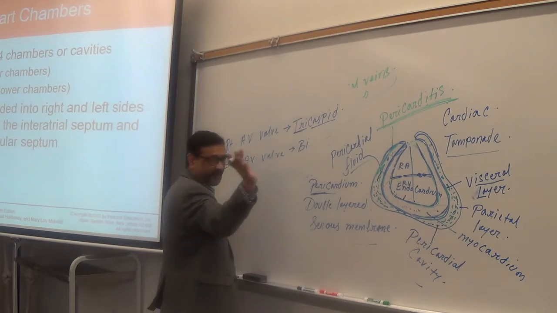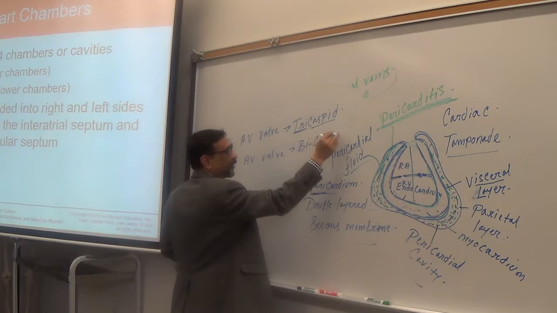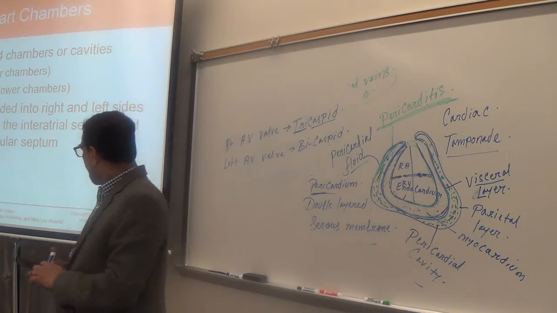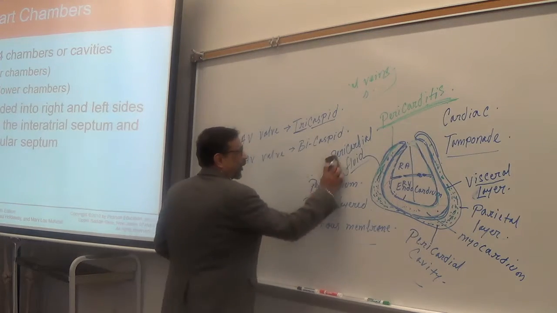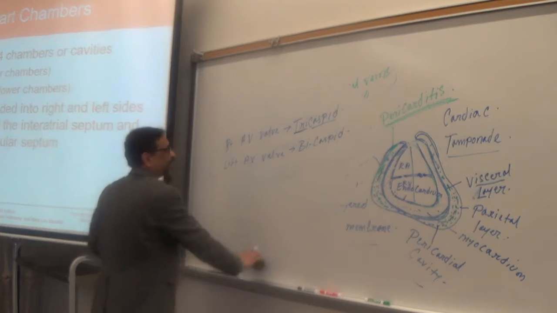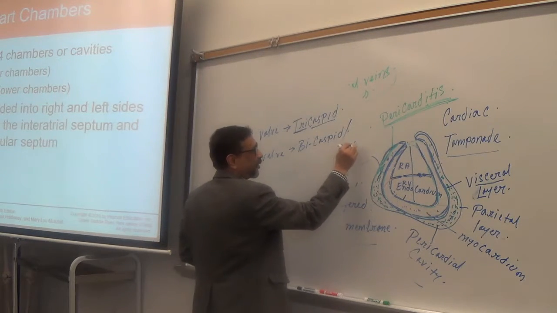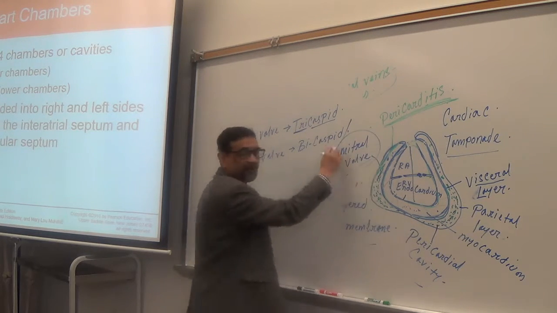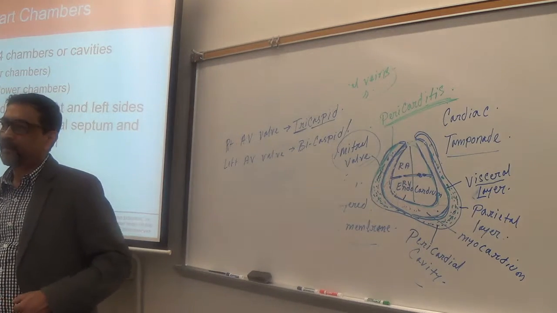That means how many cusps? How many? 2. Bi. Okay. So this one has another name. Bicuspid is also called mitral valve. Have you heard this? Very common, right? Mitral valve.